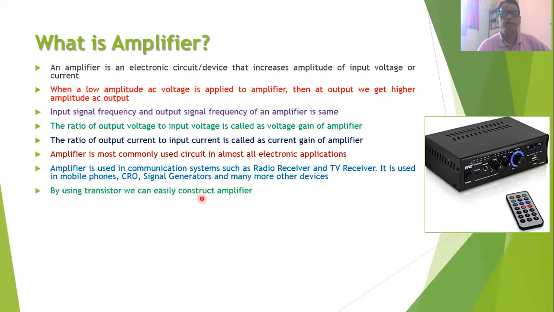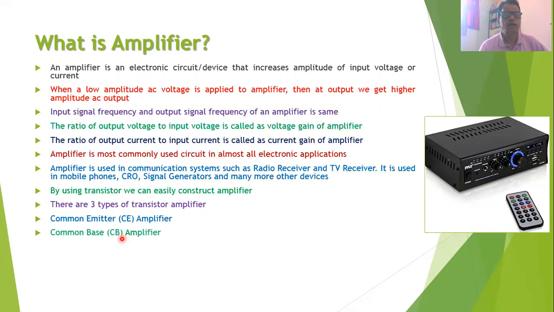It is possible to construct the amplifier by using a transistor. We know that a transistor is an active device, and by using this transistor, we can easily construct an amplifier. There are three types of transistor amplifiers. The first one is the common emitter amplifier or CE amplifier.